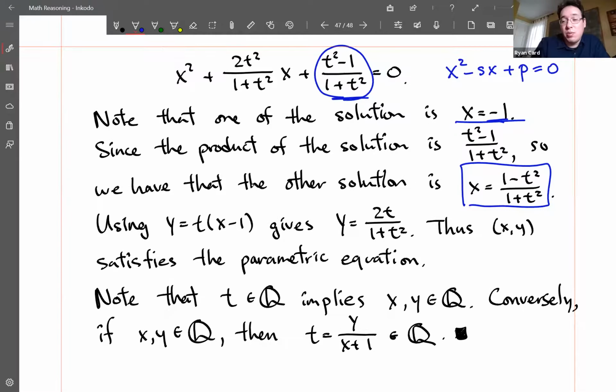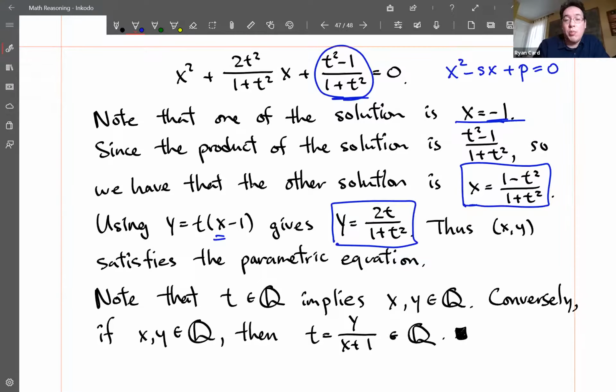So that's the other solution. If you plug this x into the equation of the line that we had earlier, and then get a common denominator and simplify, we'll get y is equal to this as well. And notice x and y, this is the form that we had earlier.